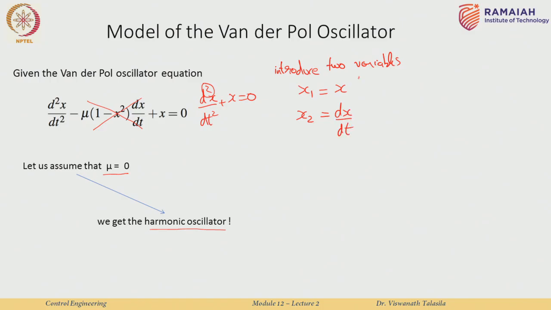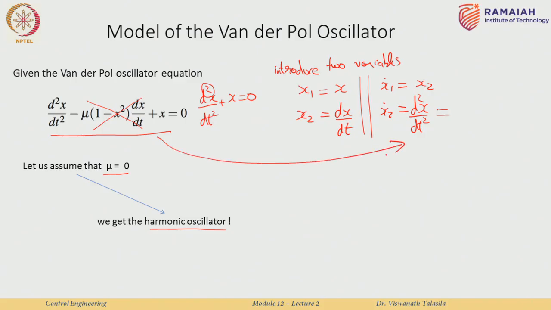So from this, as we did before, we see that x1 dot is nothing but x2, and x2 dot is nothing but d square x by dt square, and d square x by dt square we can write, by looking at this expression over here, as basically minus x.